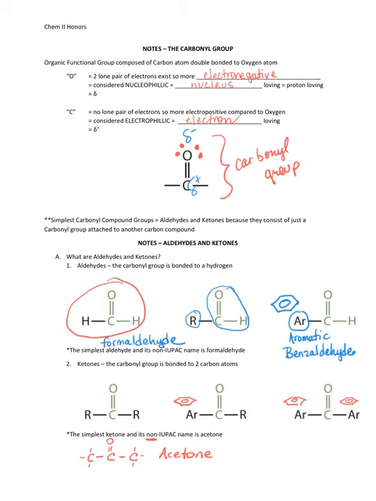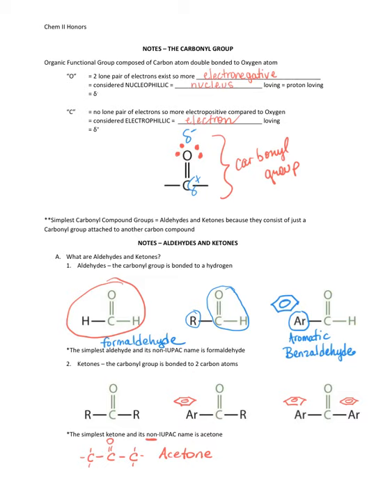One last one, I'm going to add in 2-propenal. Just to make sure you see that if it's got an ENAL, that means it's got a double bond. It's an aldehyde.